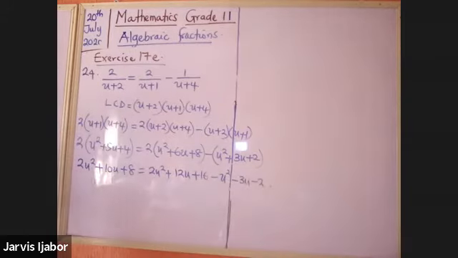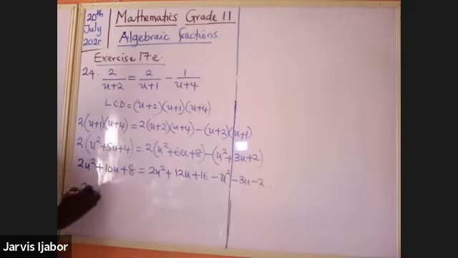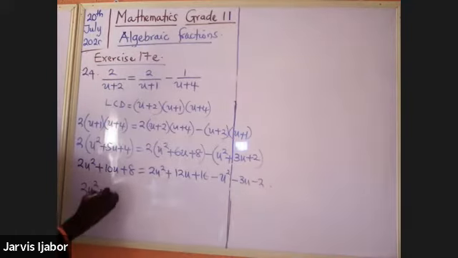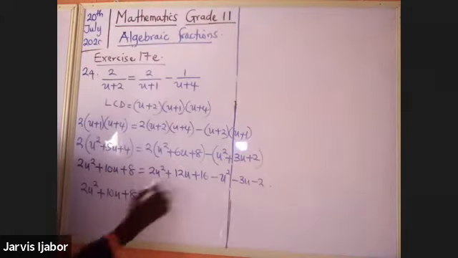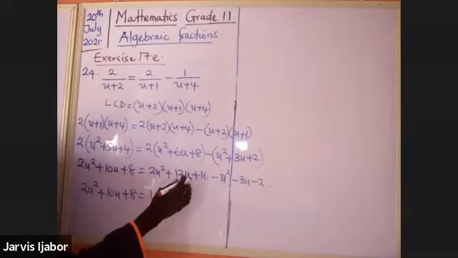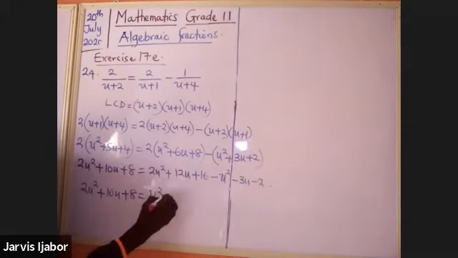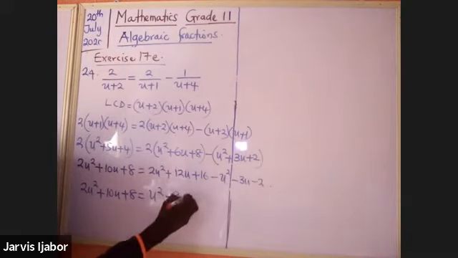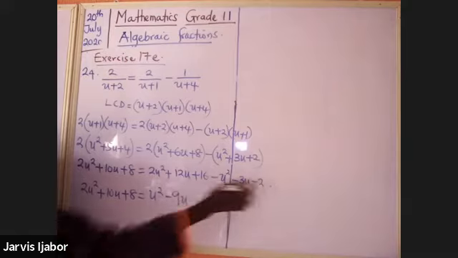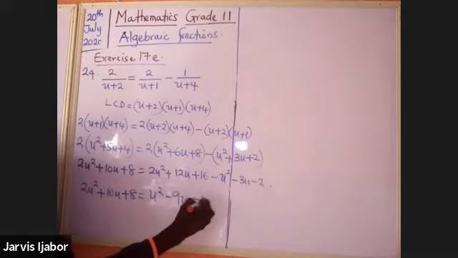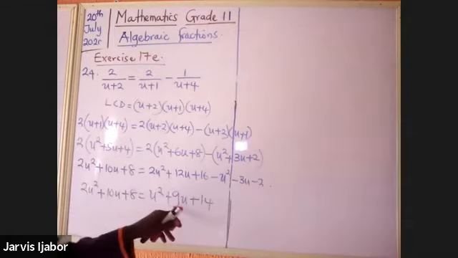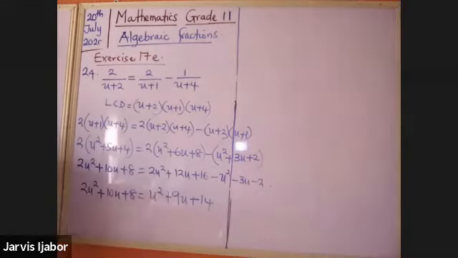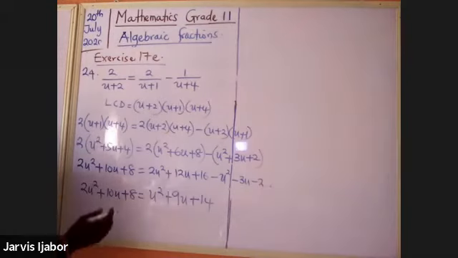The next thing you want to do is to now equate this. This is 2u squared plus 10u plus 8 equal to this minus this will give me u squared. This minus this will give me minus 9u, and this minus this will give me plus 14. Okay, it should be minus 9u because 12 minus 3 will give me 9. So the next thing will now be relevant subtraction.